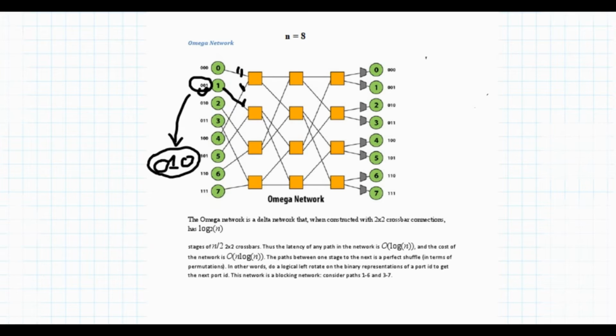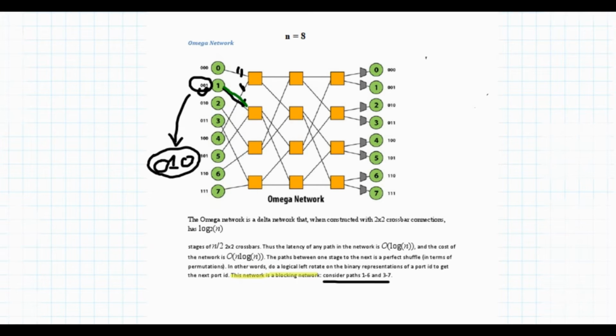Now, last point in omega network. This network is basically a blocking network. So why? Let me explore this with an example. The example itself has been mentioned here. To find the blocking nature, you have to consider a path. Consider the paths from 1 to 6 and 3 to 7. If you consider the path 1 to 6, let me shade it with green color.